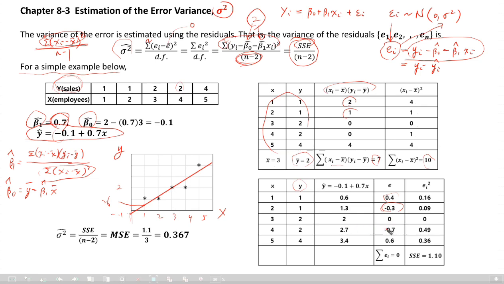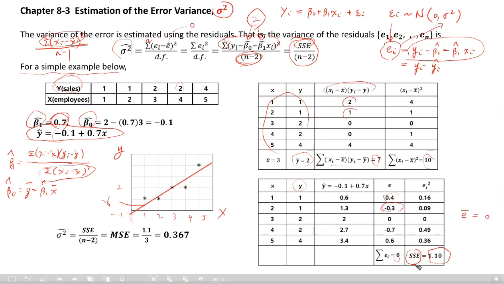Okay. And then we square it. The residual squared values are 0.16, 0.09, 0, 0.49, 0.36. So the residual sum of square will be 1.1. Okay? And the sum of errors is 0. That's why E bar, the mean of residuals, is always equal to 0.